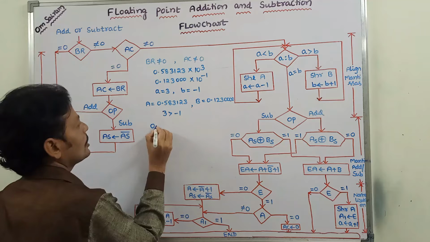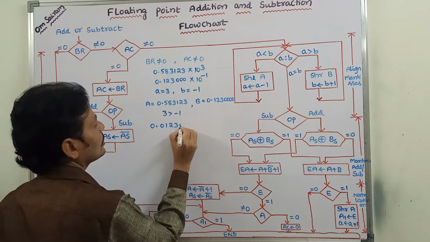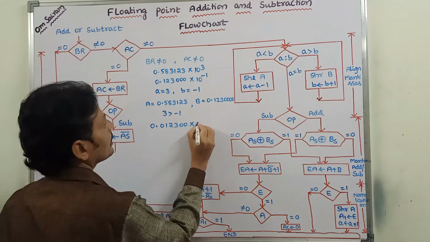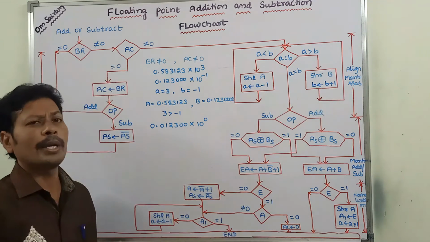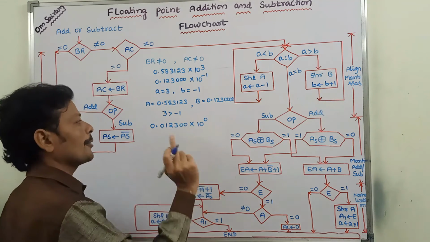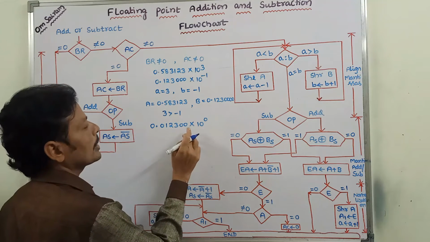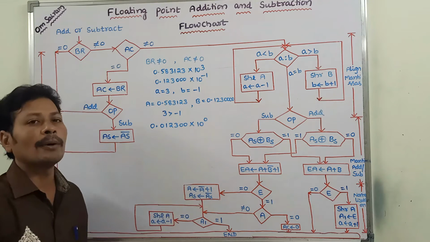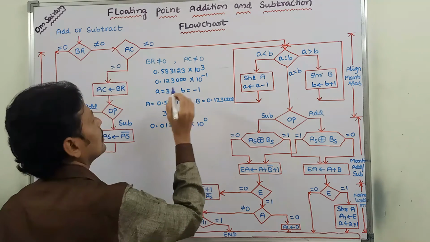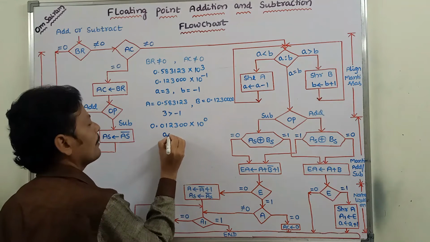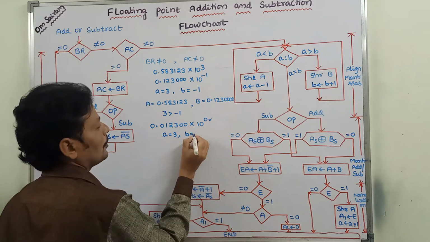So that is 0.01230 into 10 power 0. After performing these two steps, the mantissa becomes 0.012300 into 10 power 0. Now, what is the updated exponent value? The a value is 3 and the b value is 0.